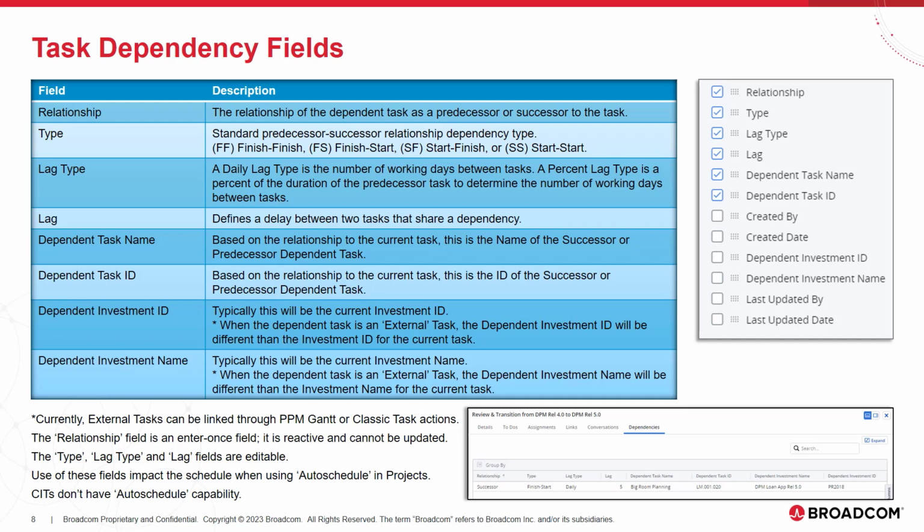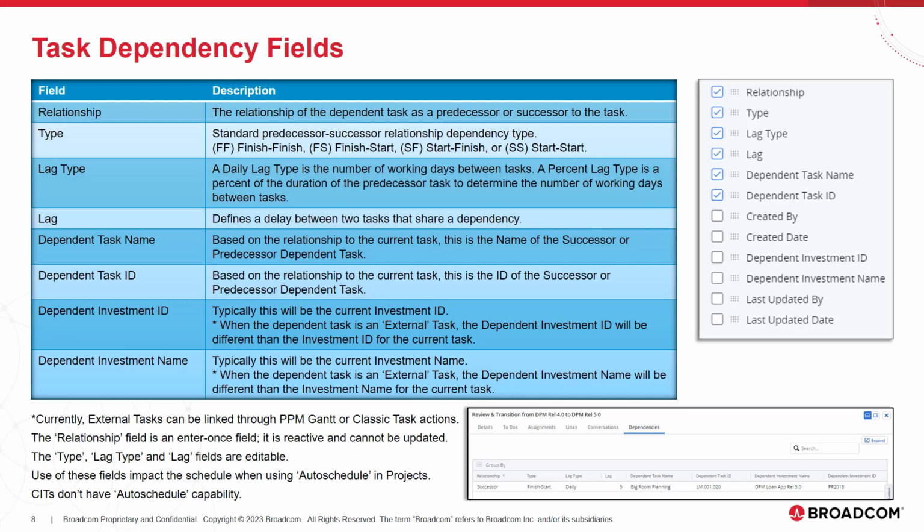When a percent lag type is selected, the lag number represents a percent of the duration of the predecessor task to determine the number of working days between the two tasks. The use of the lag field only impacts the schedule when using auto-schedule. Changing the number does not automatically move the dependent task.